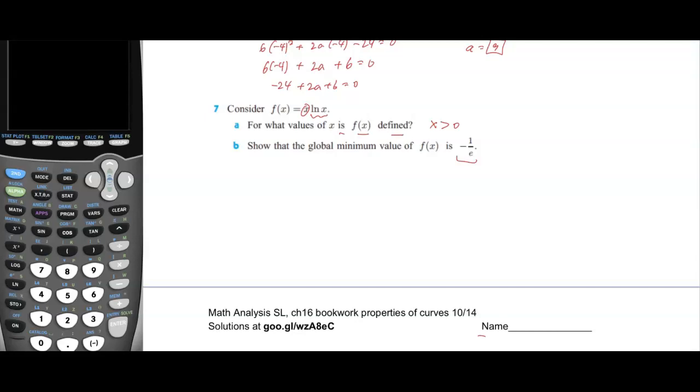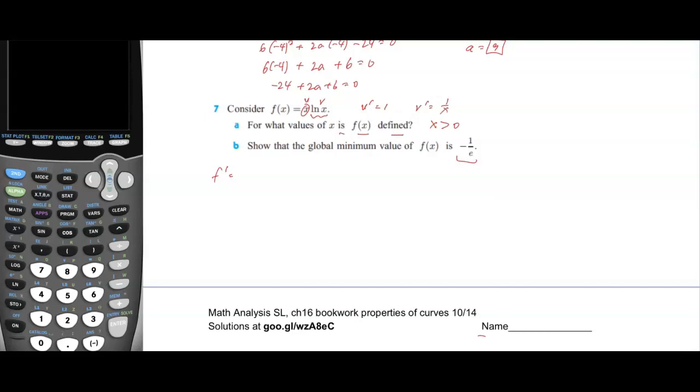Okay, so first we need to find the stationary points. After we find the stationary points, we would need to test the endpoints to make sure what the global minimum is. Okay, so let's find the derivative of this function. We're going to have to use product rule. This would be u and this would be v. U dash is going to be 1. V dash is going to be 1 over x.